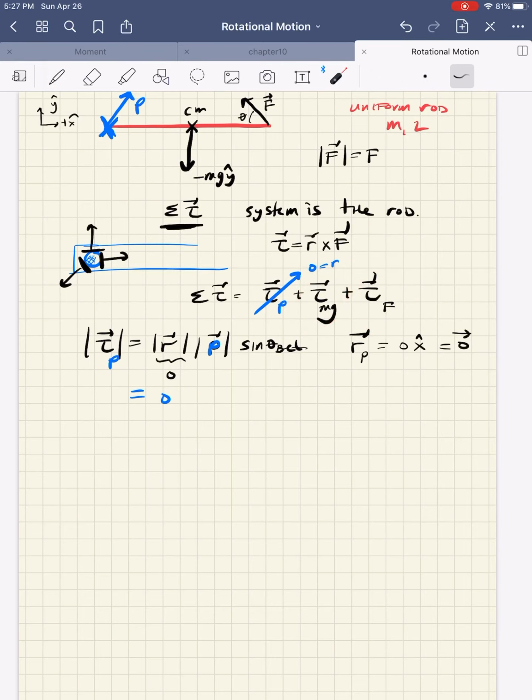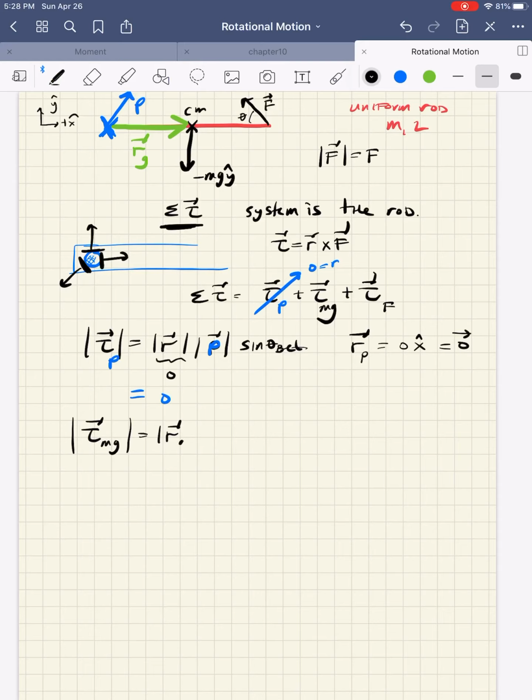So let's find the torque from gravity. Let's find its magnitude first. It would be the magnitude of the r vector, so let's draw its r vector right now. Let me get a different color in here for r's. Here's the r vector for gravity, right here, r sub g.